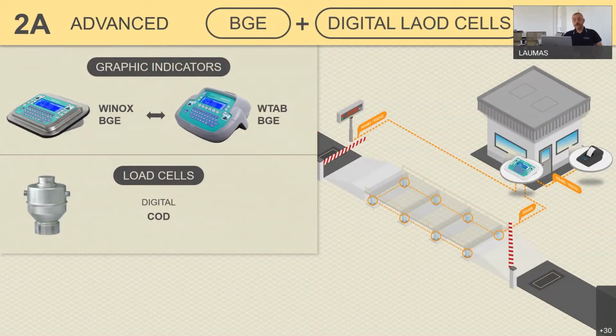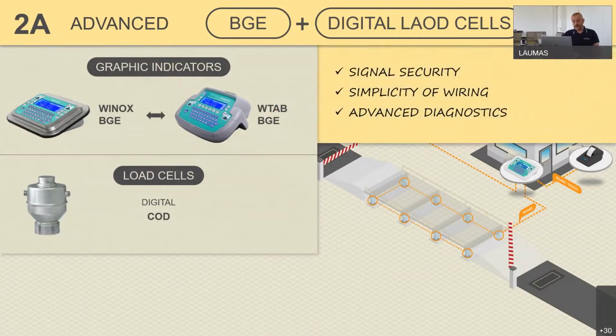But what we can say now is that the main advantage of this kind of configuration is given by the stability and the security of the weight signal, because the communication is via RS485 and not in millivolts.